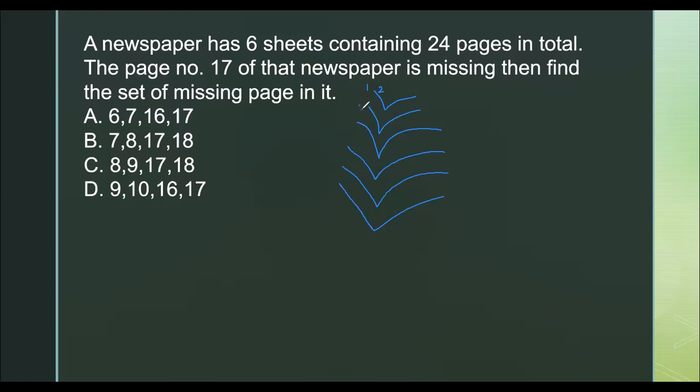And we have 3, then 4, then 5, then 6, then 7, then 8, then 9, then 10, then 11, then 12. Right? Then we have 13, 14, 15, 16, 17, 18, 19, 20, 21, 22, 23, 24.